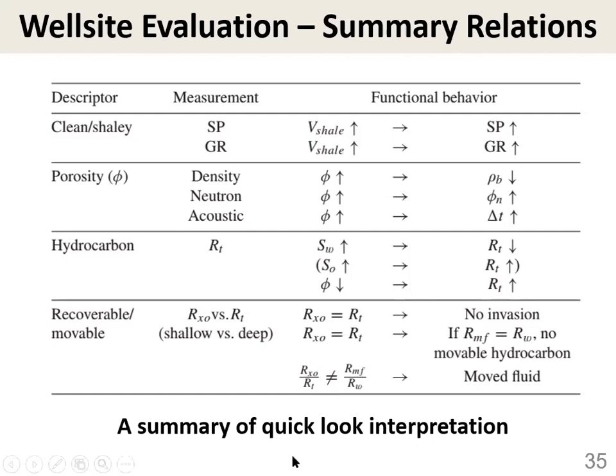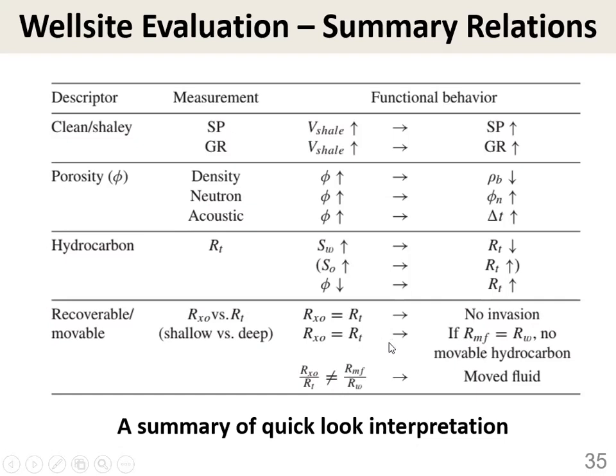And this is the point I was trying to emphasize. When the resistivity within your flush zone is equivalent to the resistivity in the true formation, where you have little or no invasion, that's indicative of the fact that the original fluids there have not been displaced, and that's an indication of no invasion.